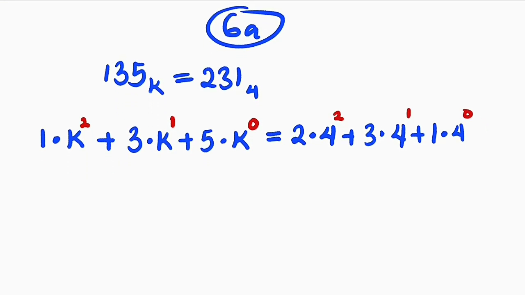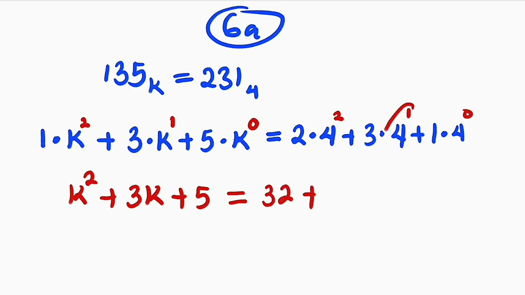Let's simplify this. k squared times 1 is still k squared, plus k to the power of 1 is k times 3 is 3k, plus k to the power of 0 is 1 times 5 is 5, and this is equal to 4 squared is 16, and 16 times 2 is 32, plus 4 to the power of 1 is 4 times 3 is 12, plus 4 to the power of 0 is 1 times 1 is still 1.